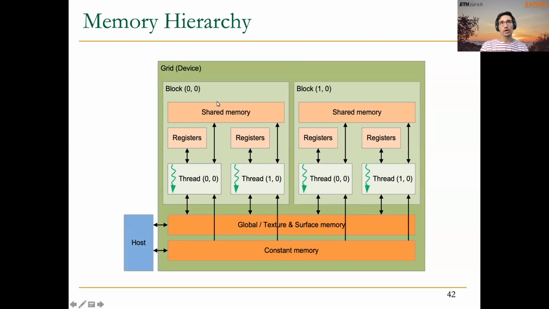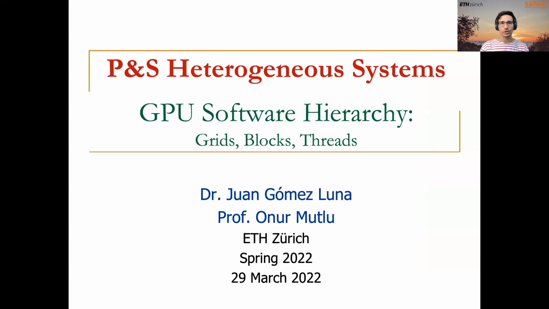Threads in the same block can access the same data that resides in the on-chip shared memory, but they can also access the off-chip global memory, where they can share data with threads that belong to other blocks in the same grid or to threads that belong to grids that will execute later kernels. So this is all for today.